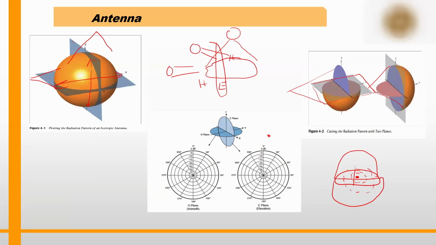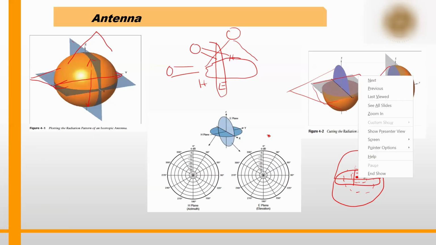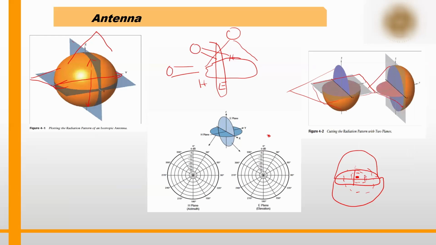The antenna is placed in the middle in polar charts. If the antenna is here and a person is sitting at the nearest point, he has the highest signal strength, so it should be minus 5.